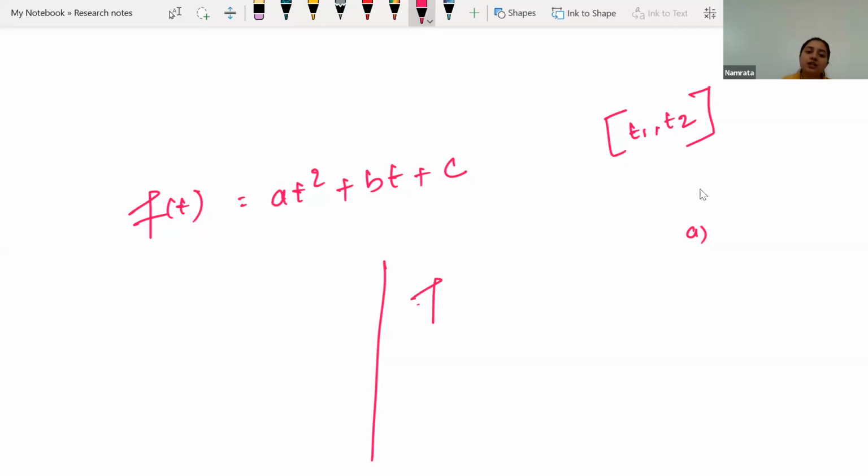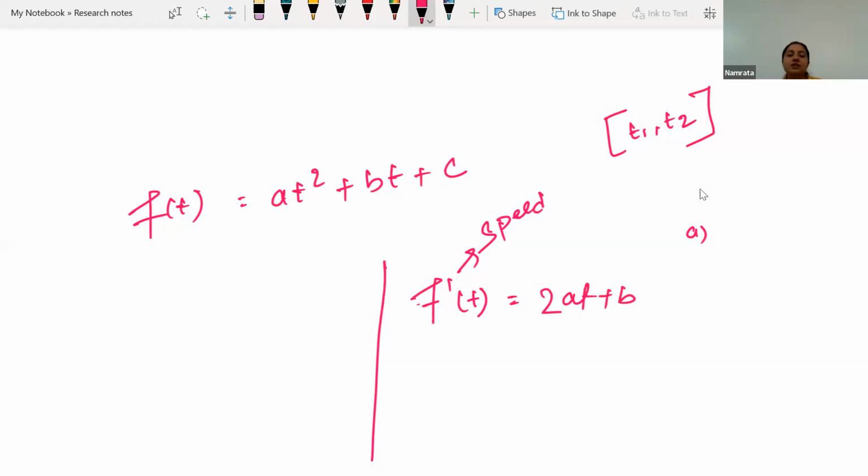If we do the derivative of it with respect to time, the rate of change of the given function with respect to time, that will be the speed, right? So f dash t, if we find, will give us the speed. When we find the derivative, that is only the rate of change with respect to time. So it will be 2at plus b.